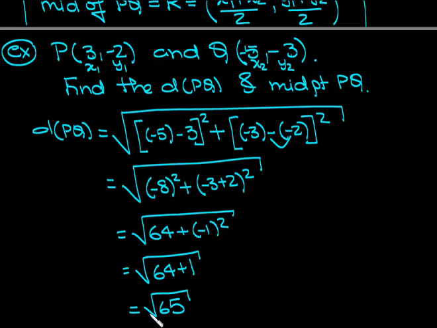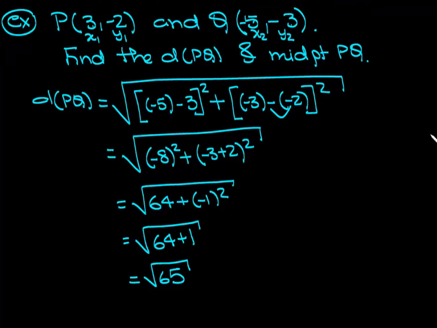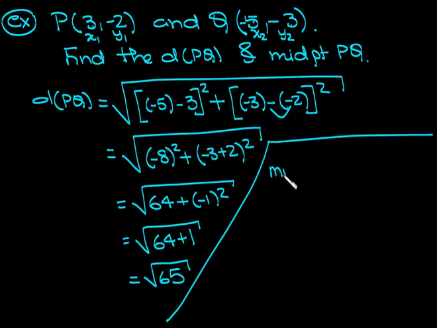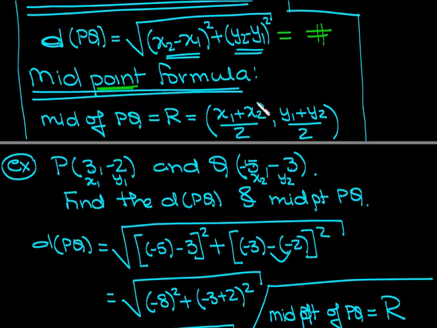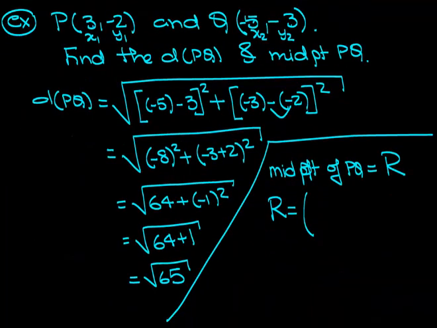Okay. To find the midpoint, I'll just do that on the side here. So the midpoint of PQ, I'll call that R. So R is going to be, if you recall, the formula was what? You take the average of the x values, you add the x values, divide by 2, you add the y values, divide by 2. So let's do that.